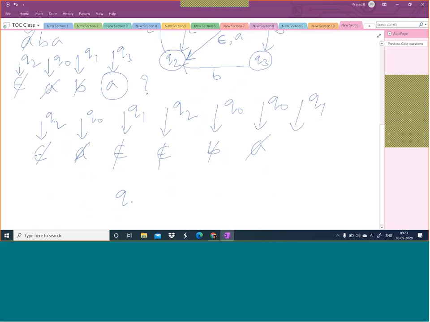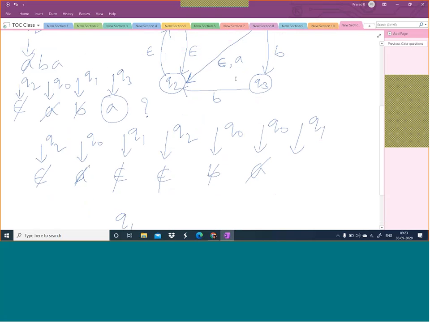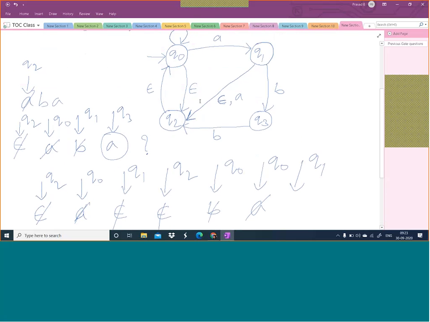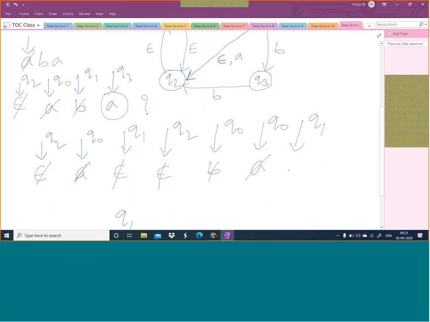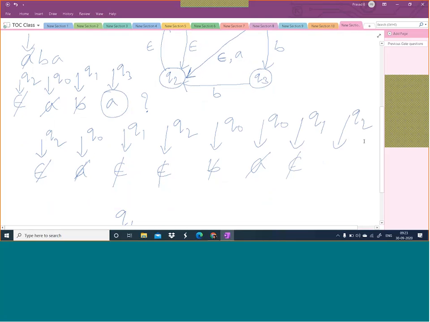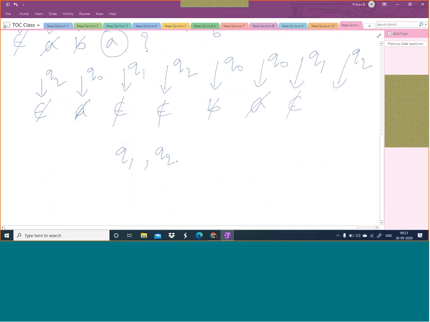Or look at this. From Q1, the machine can move to Q2 on epsilon. So in Q1, it takes epsilon, it can go to Q2. Now the machine can stop in Q2. Or in Q2 also, the machine can take epsilon and move to Q0.